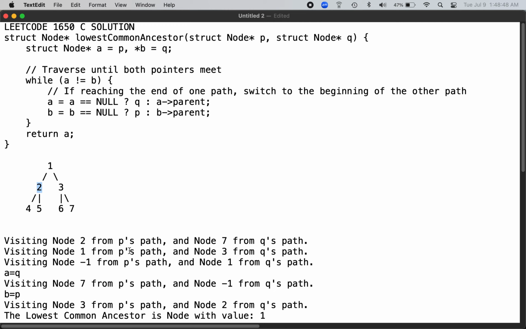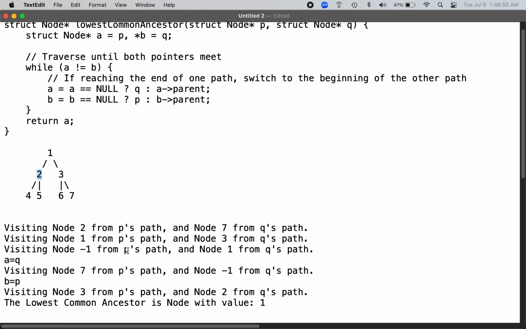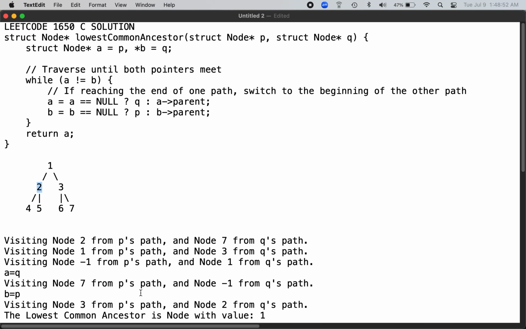So I ran this code for this tree. If you see the nodes, initially they are node 2 and node 7 for P and Q. Then A goes to 1 and B goes to 3, and then A becomes null, and then A goes to 7 again.